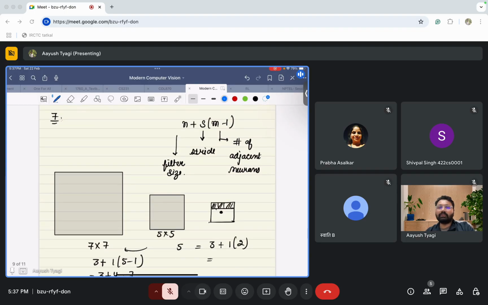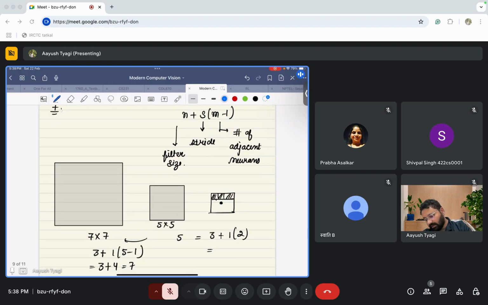So the seventh question is: for a CNN with three convolution layers, each has a 3 cross 3 filter, zero padding, stride 1, what would be the effective receptive field? I think we have discussed the receptive field earlier. Suppose you have a 3-layer neural network, and for each layer you have a 3 cross 3 kernel.